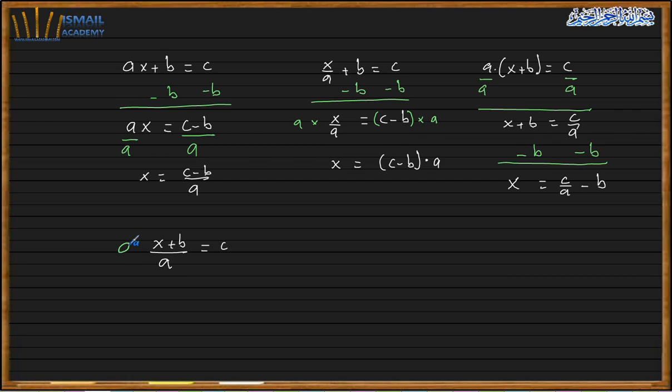For addition, it's minus, I will add. If it's minus, I will subtract. So here I will subtract b from both sides.